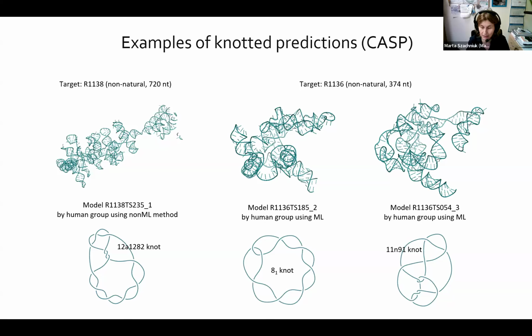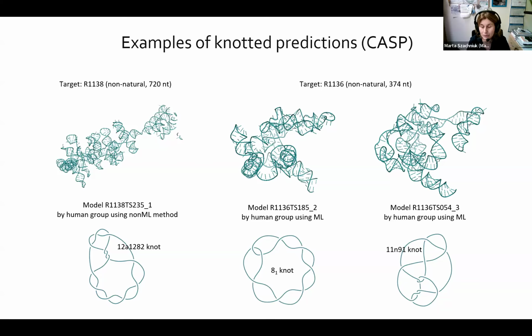What I wrote here also is about what was, let's say, the approach behind the prediction. So we tried to find out whether the groups that predicted and submitted these models used machine learning or not.